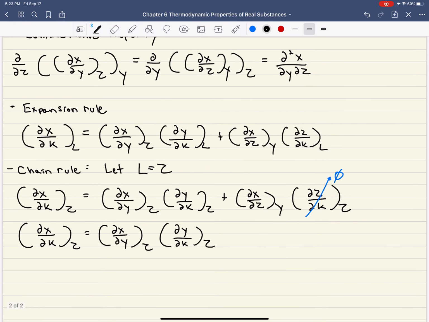All right, and this identity is useful for adding in a new variable into your partial derivative.